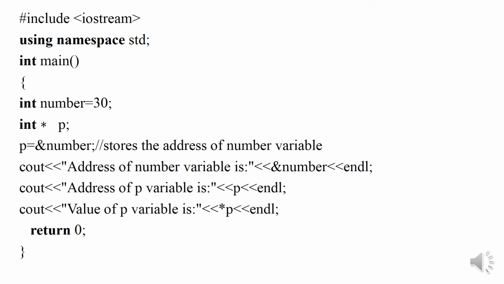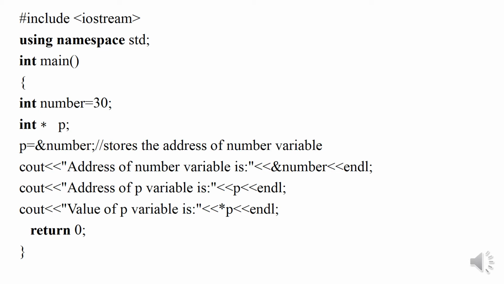That's why we have to write int main. So we define number as a variable, and that number stores the value 30, meaning we initialize number as 30.